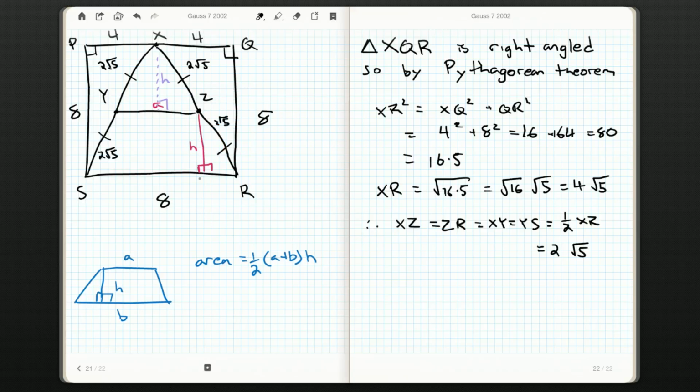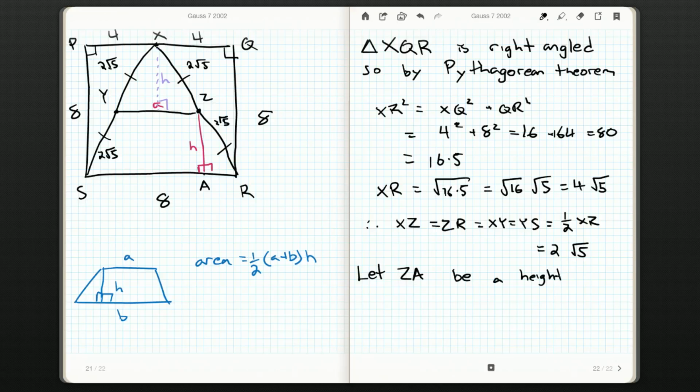So I actually have a little bit of a triangle here. What's something we haven't used? We haven't used an A here. So we're going to drop this point A right below Z so that we have our height H here.